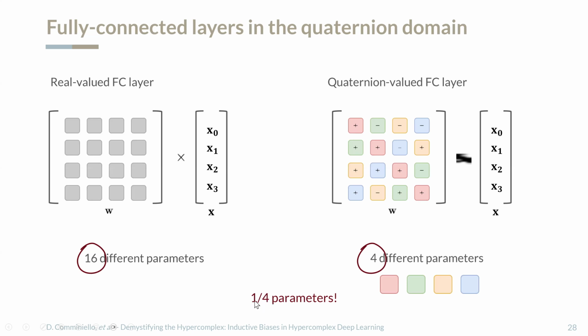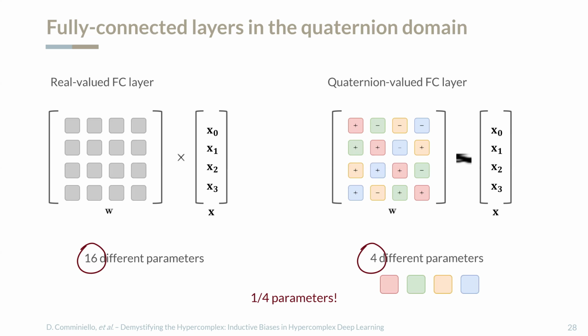In this case, we have a 1/4 reduction due to the fact that we are using a hypercomplex algebra of the 4th order, the quaternion. But if we use an even higher order hypercomplex algebra, we can achieve an even higher reduction of the parameters.